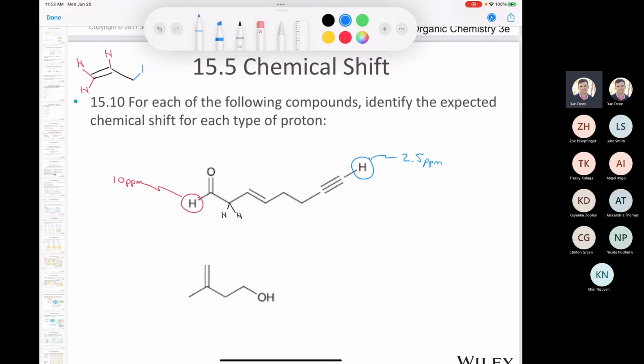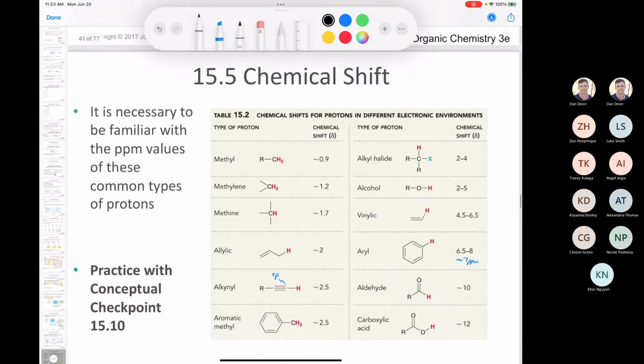Whereas these protons, 1, 2, 3, those are allylic. So since we have a double bond, this would be a vinylic proton, this one in blue. This would be a vinylic proton, this one in red. But the two that I have in black, those are allylic protons. And we saw that the baseline for an allylic proton, if we go back here, was around 2.